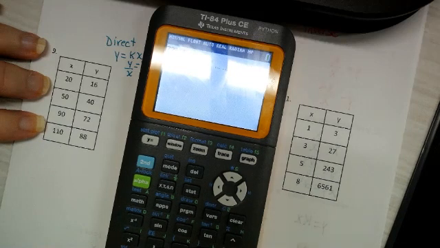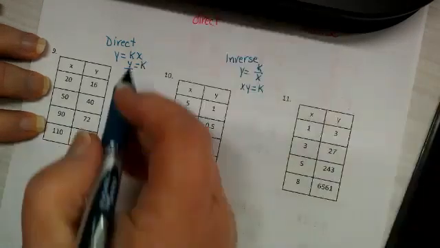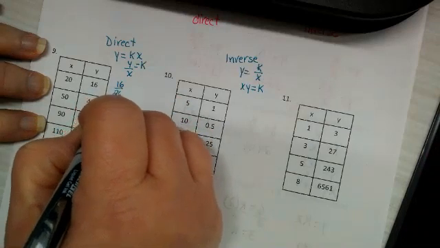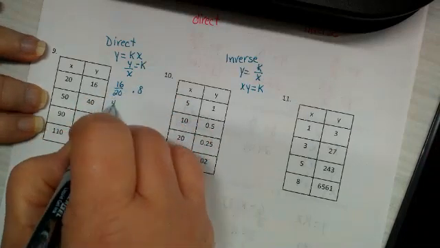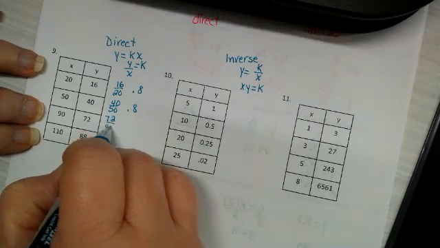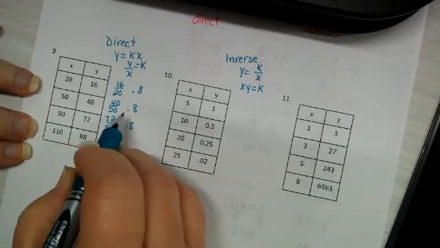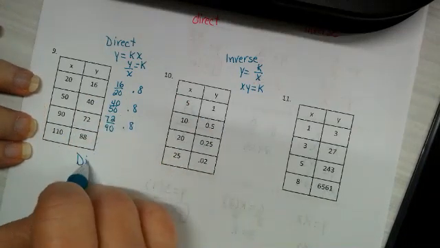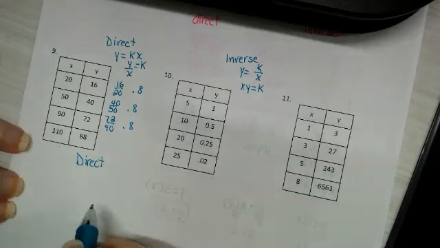There we go. I got 0.8 every time I divided. So 16 over 20, 0.8. 40 divided by 50, 0.8. 72 divided by 90, 0.8. So this was direct because they divide to a constant.